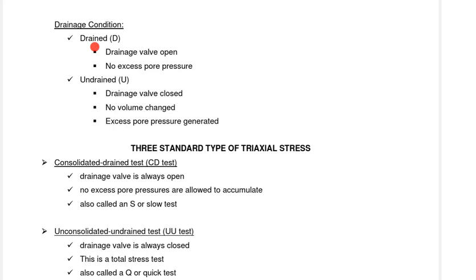And in a drained test, the assumption is that there are no excess pore pressures generated during shearing. So we have no excess pore pressure since the valve of our triaxial shear is open.